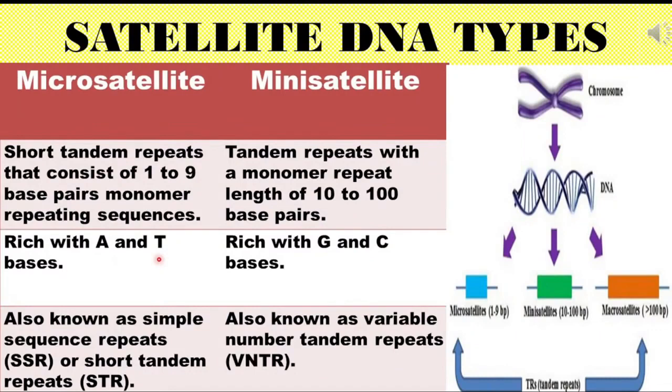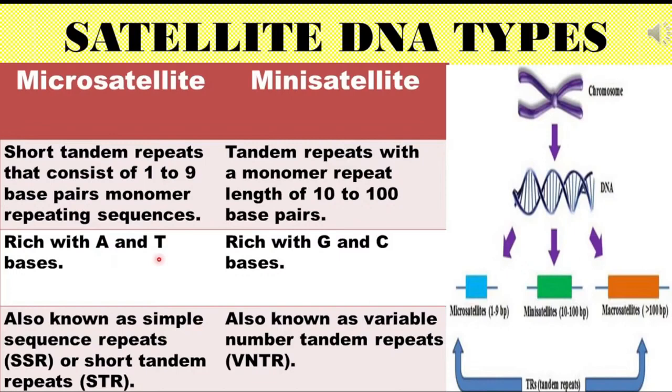The short tandem repeat polymorphism we can divide into 2 types: microsatellites and minisatellites. Microsatellites are short tandem repeats which consist of 1 to 9 base pair monomer repeating sequences.